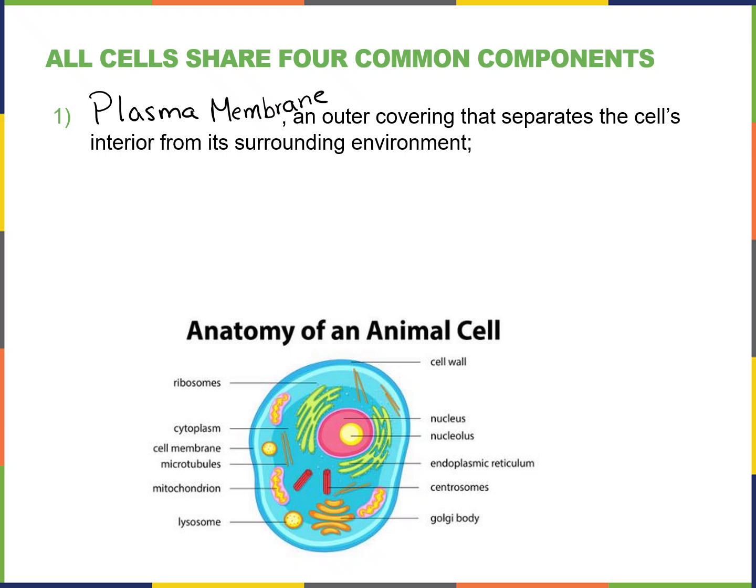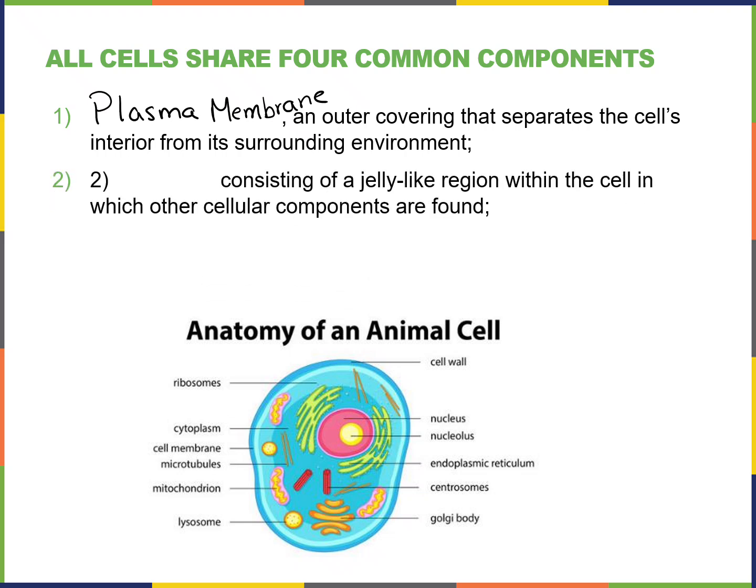Okay, the plasma membrane. The second common component is a jelly-like substance within the cell where all of the other cellular components are found, and that is called the cytoplasm. That's this little jelly liquid on the inside there.